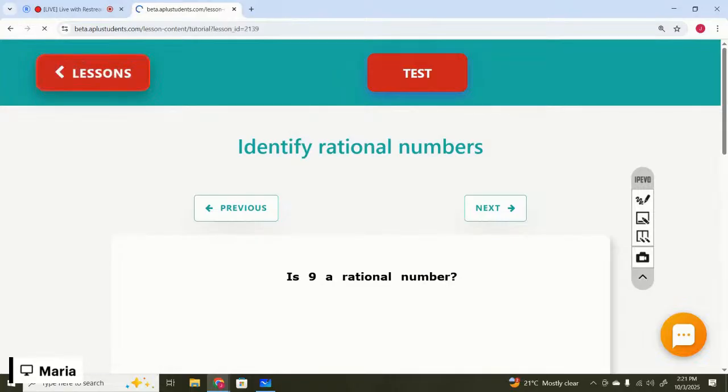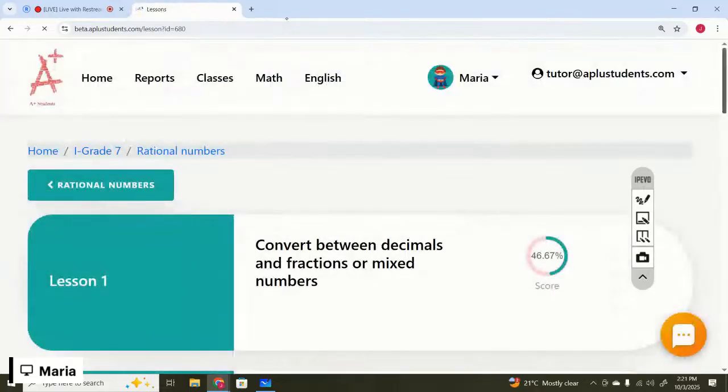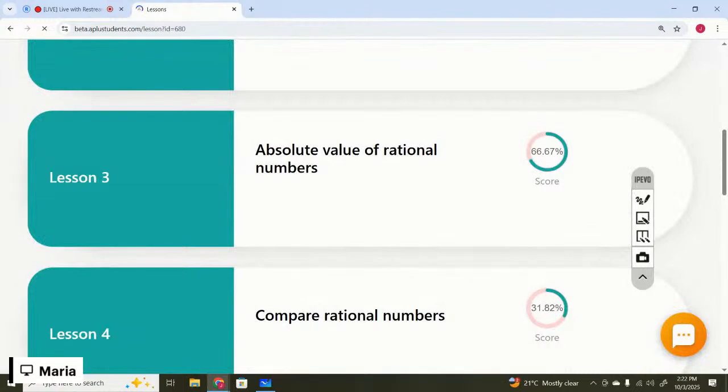The next lesson is absolute value of rational numbers.